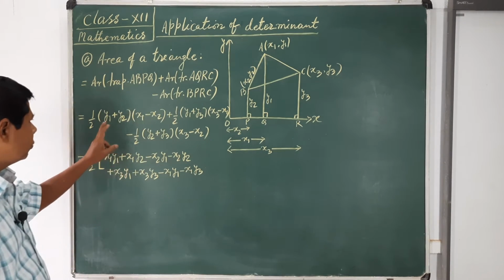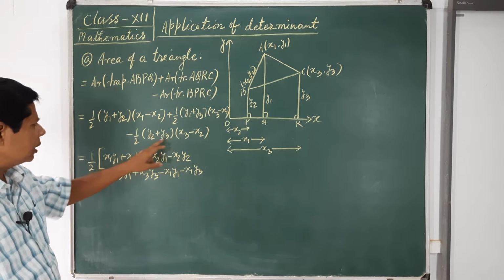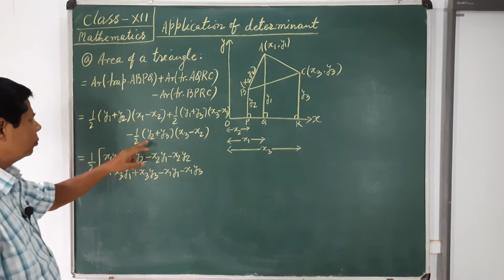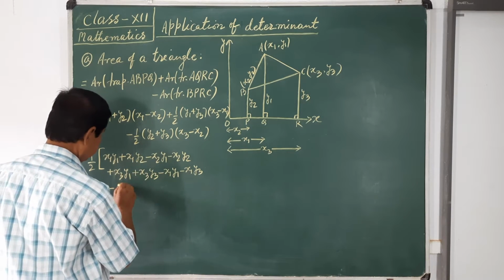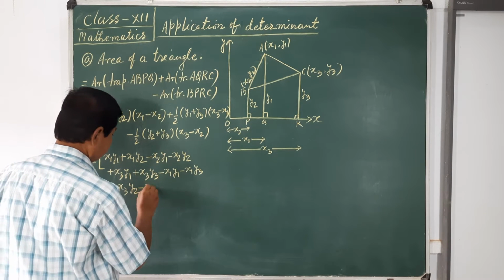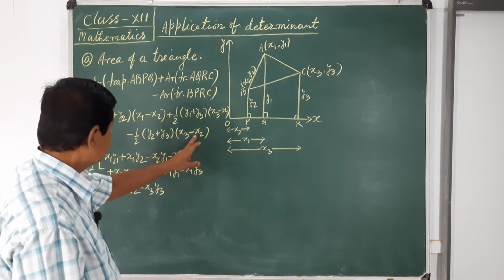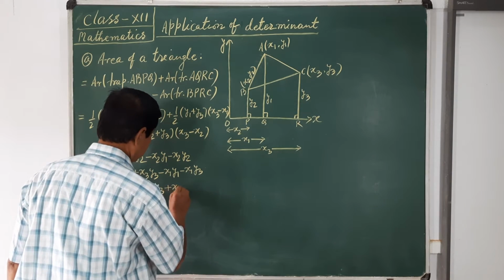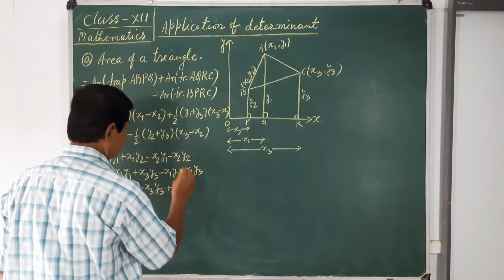Now remember, these two are plus and this is minus, so the first two which are positive convert to negative terms: minus x3 y2, minus x3 y3. Then this becomes plus, minus minus plus, x2 y2 and plus x2 y3.